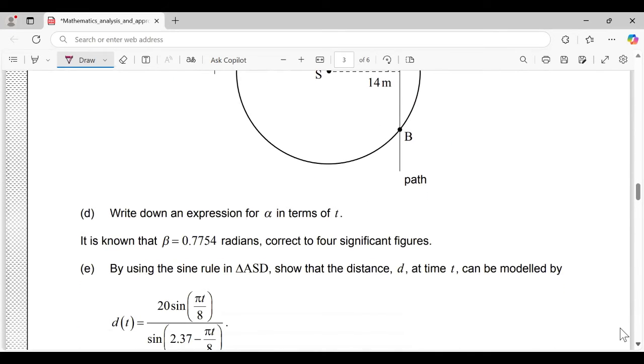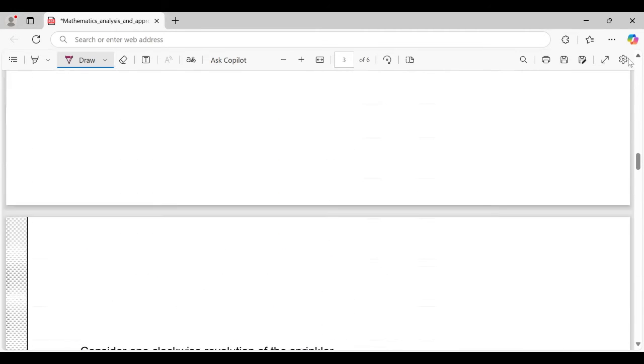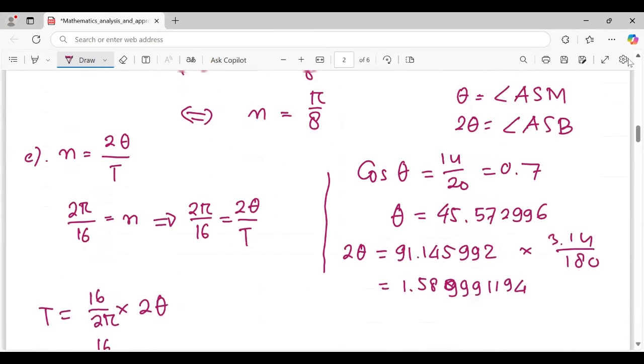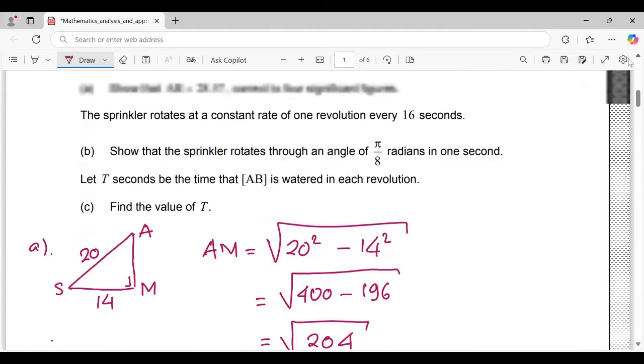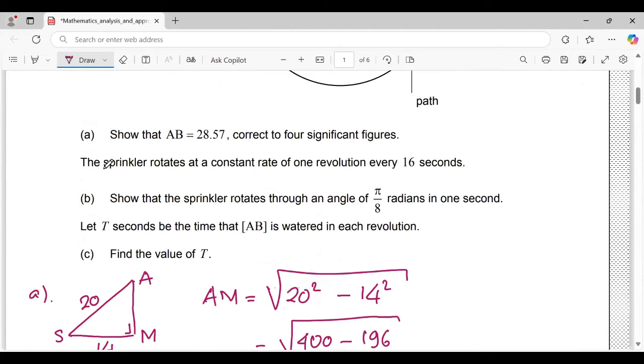Write down an expression for alpha in terms of t. In my previous explanation, there is information regarding rotations of the sprinkler. The sprinkler rotates at a constant rate of one revolution every 16 seconds.